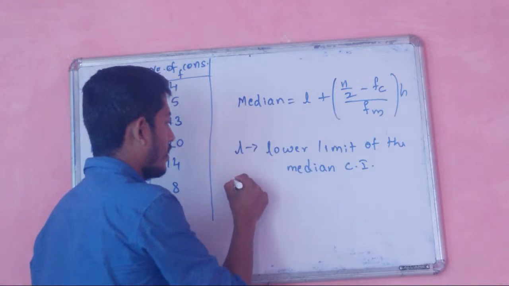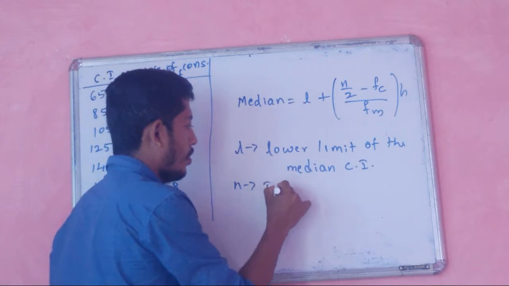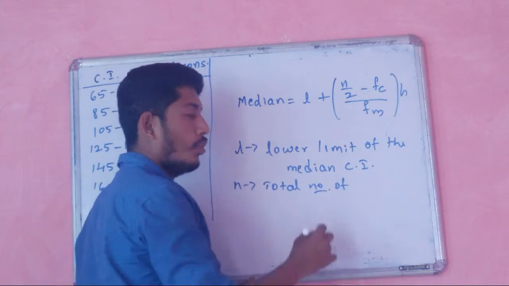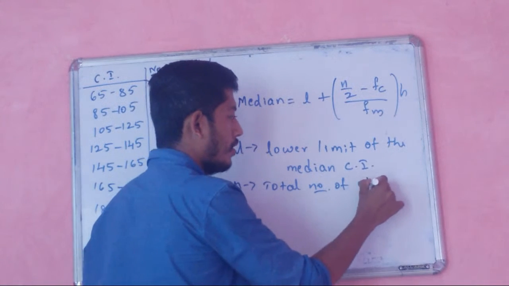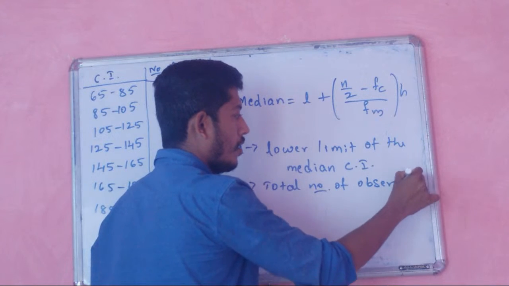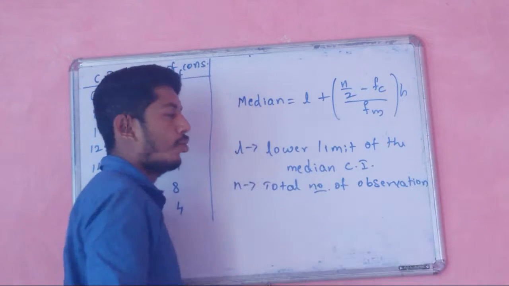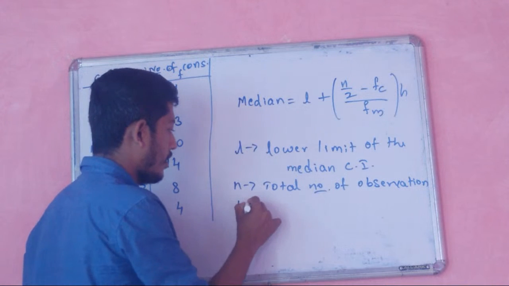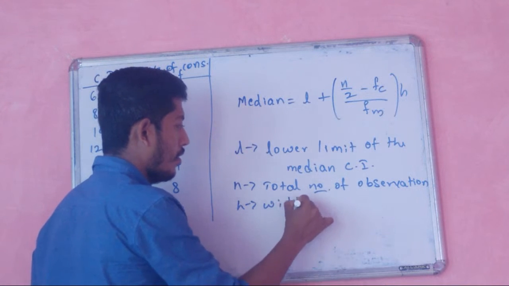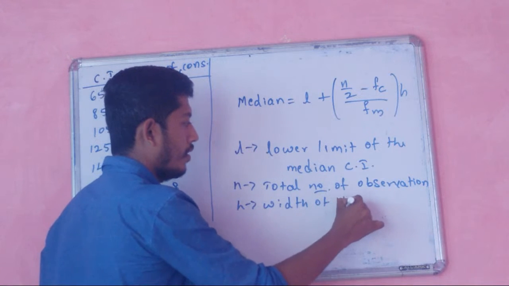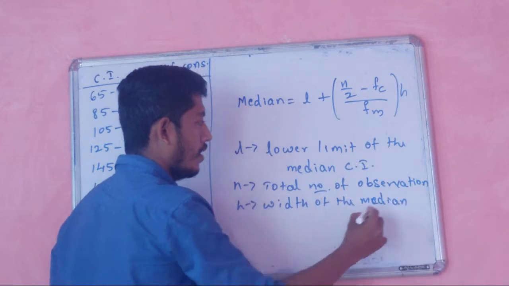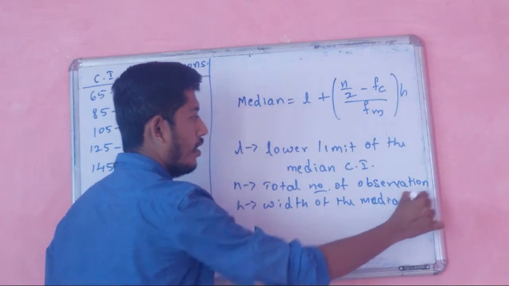Then N means the total number of observations; we can call that observations or frequency. H means the width of the median class interval.